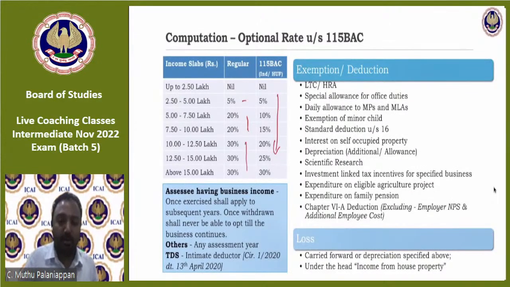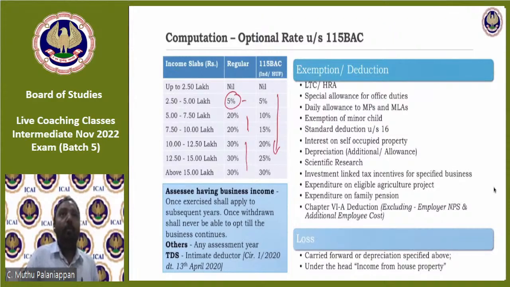In olden days, it was basically 10, 20, 30. That's how the rate was. But then this 10 was reduced to 5. So it is typically 5, 20, and 30. For the first 2.5, nil. For the next 2.5, it is 5. For the next 5, it is 20%, and then it is 30%. So that is the comparison between the regular regime and 115BAC.